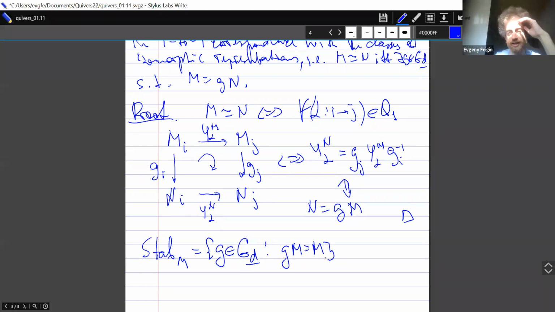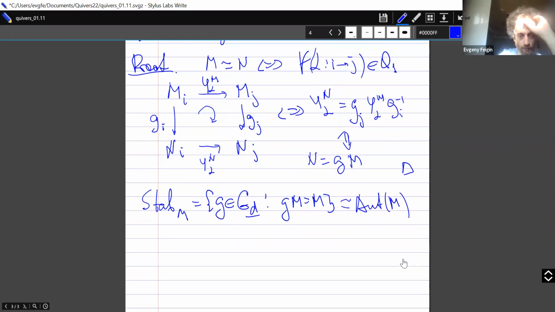And so this is nothing but the group of automorphisms of M, right? So these are homomorphisms from M to itself. This is to make a connection between the standard notion from the theory of the action of the group on a space and the automorphism group of a representation. So this is the stabilizer, and of course it is a subgroup in our group G_d.